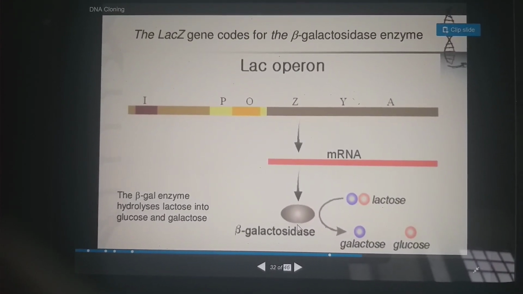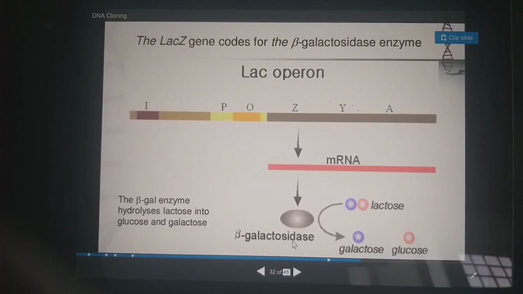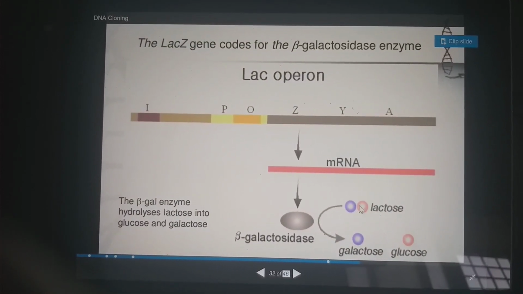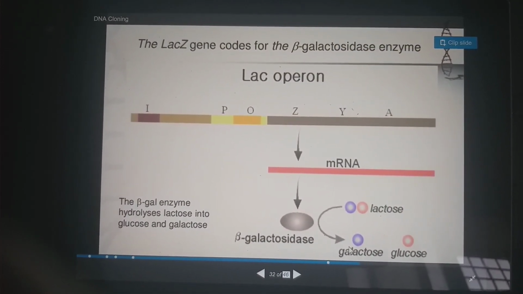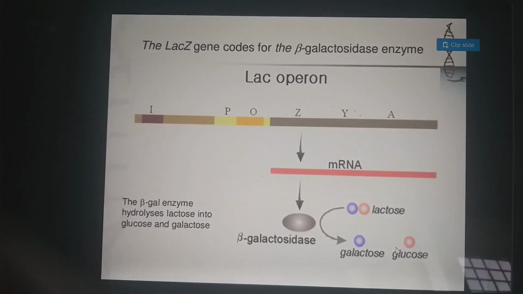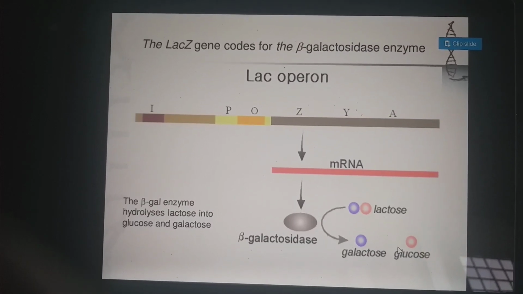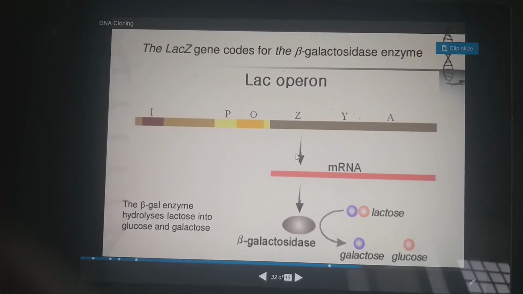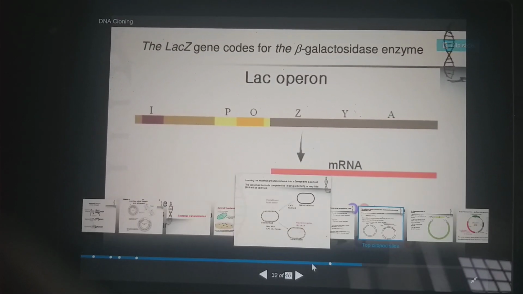And we know that beta galactosidase acts on lactose and it gets converted into glucose and galactose. This is just the information regarding the lac operon, because we are going to focus on this Z gene.